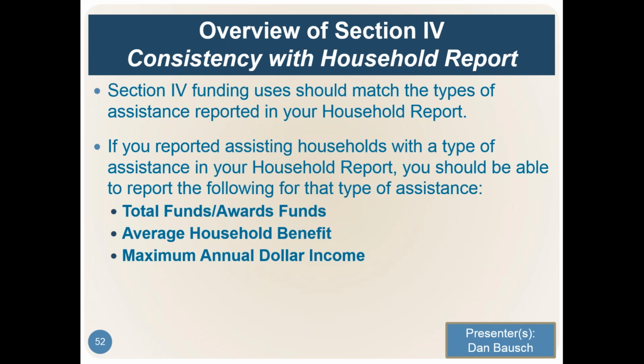If you reported households as receiving cooling assistance in your household report, then you should be able to report three items. The first is the total amount in funds that you obligated for that assistance. The second is the average household benefit, so the average amount a household received. And finally, the maximum annual dollar income amount for a household to be eligible to receive that assistance.